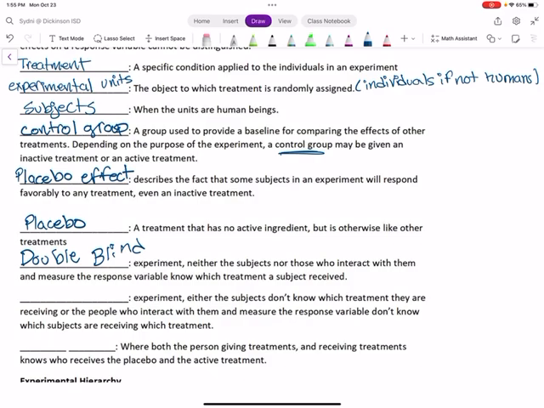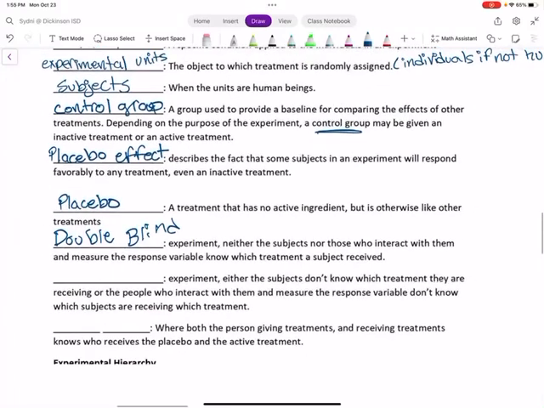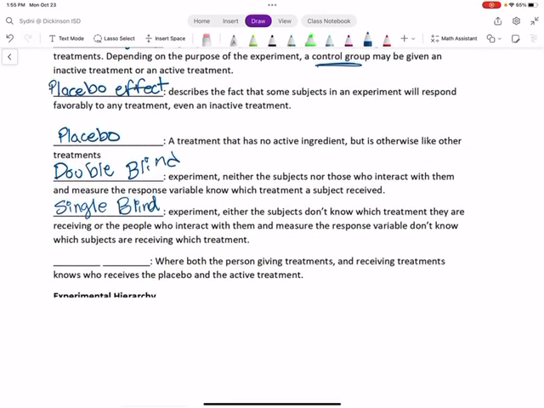Similarly, we have what is called a single-blind experiment. In a single-blind experiment, either the subjects don't know which treatment they are receiving, or the people who are interacting with them and measuring the response don't know which subjects are receiving the treatment and which ones are not.